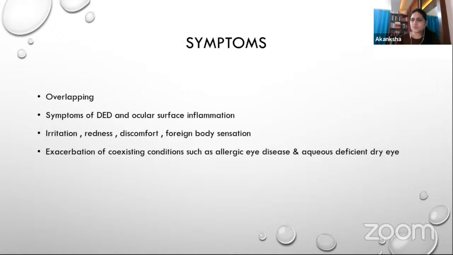Most of the symptoms would be overlapping with the Meibomian gland dysfunction that we discussed, mainly the symptoms that you would expect a patient of dry eye disease to have. They are irritation, redness, discomfort, foreign body sensation, and sometimes if they have allergic eye disease or a coexisting aqueous deficiency dry eye, these conditions also worsen when the patient develops blepharitis.